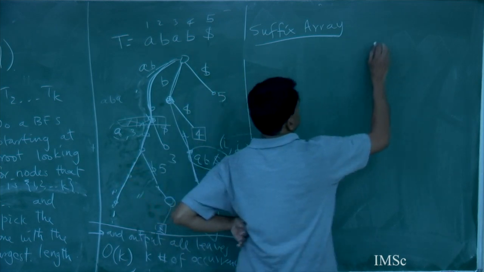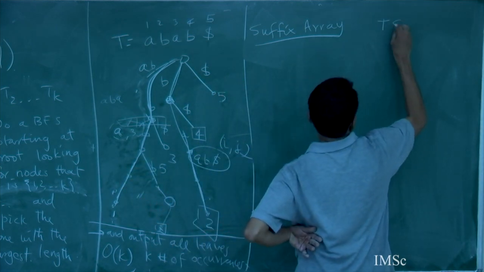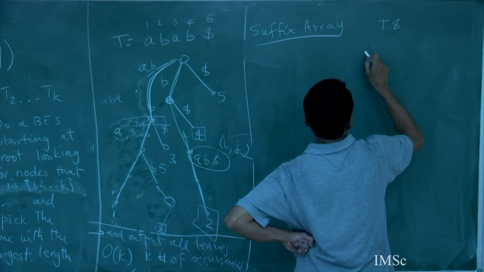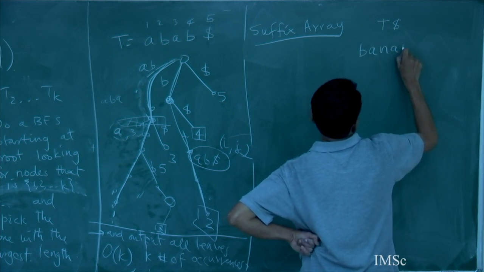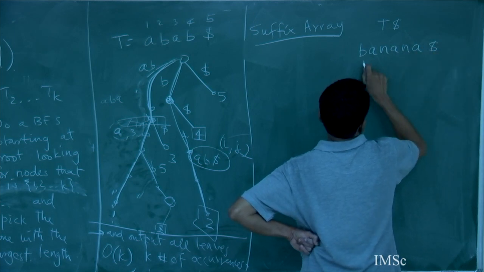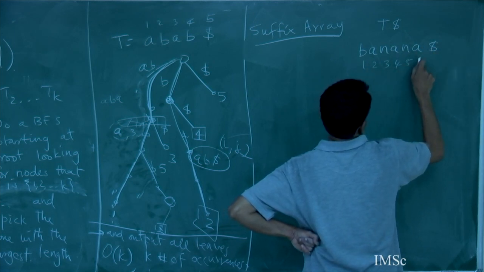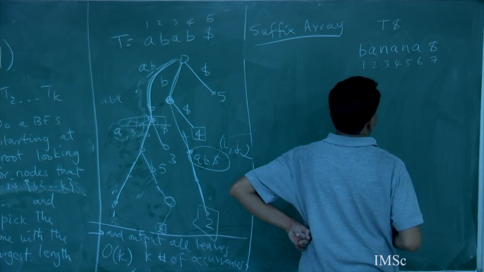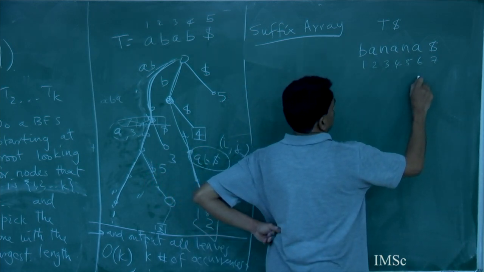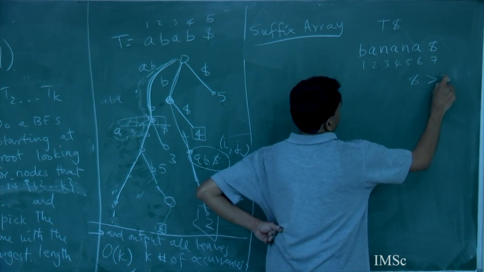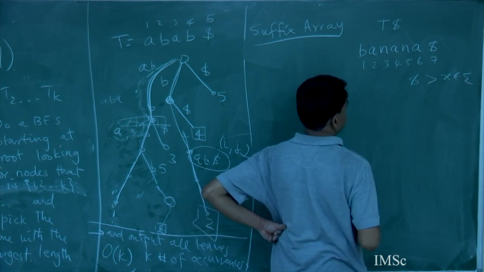So, again you have a text T dollar, let's say positions 1 2 3 4 5 6 7. So, it is an ordered alphabet. So, let's assume that dollar is larger than every x in sigma.